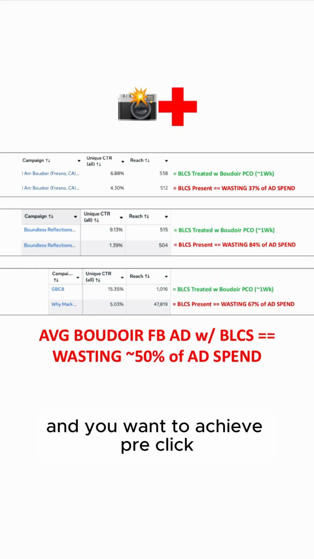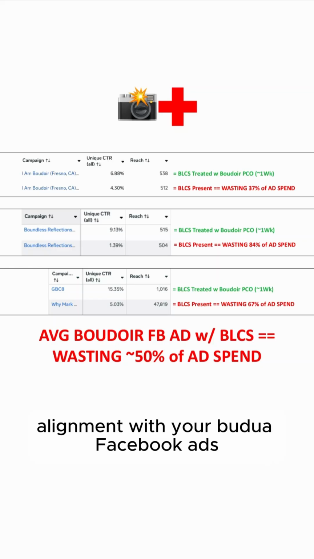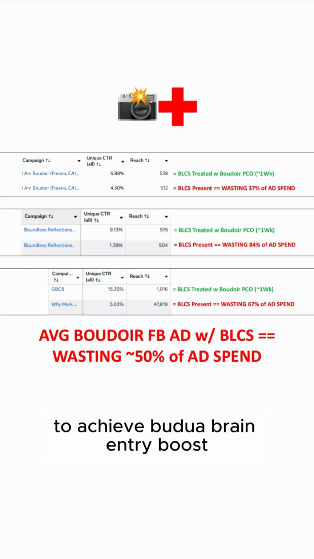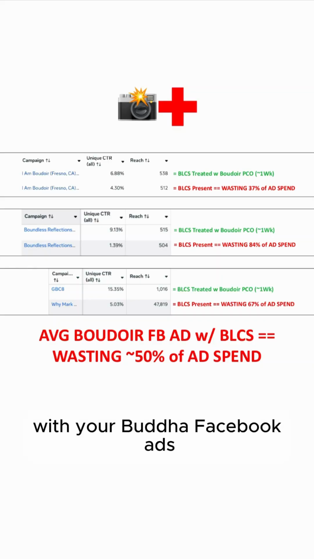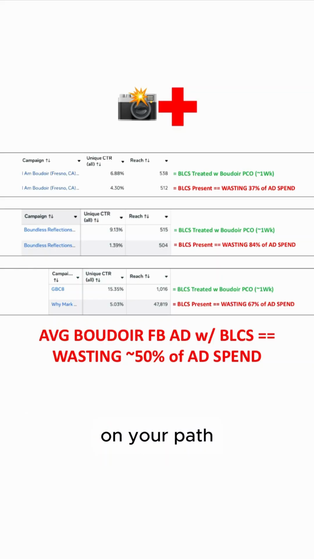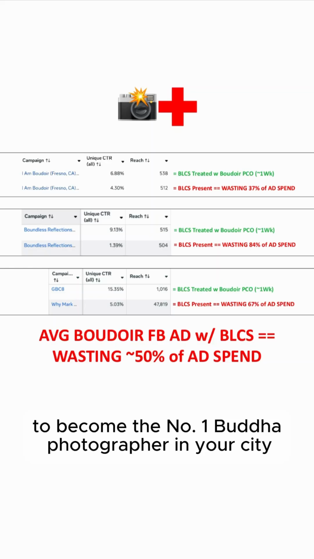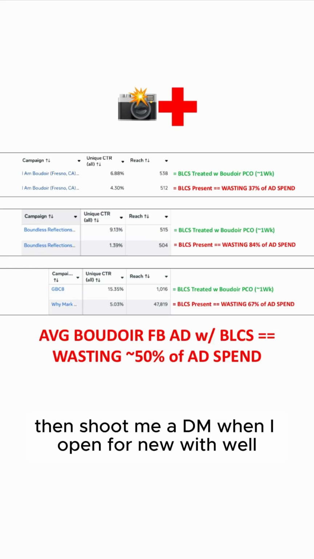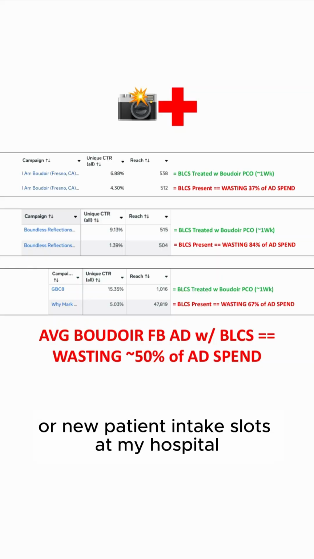And you want to achieve pre-click alignment with your Boudoir Facebook ads to become a dominant Boudoir advertiser, to achieve Boudoir brain entry boost with your Boudoir Facebook ads, because you know that this is required on your path to becoming the number one boudoir photographer in your city. Then shoot me a DM when I open for new boudoir photographer or new patient intake slots at my hospital.